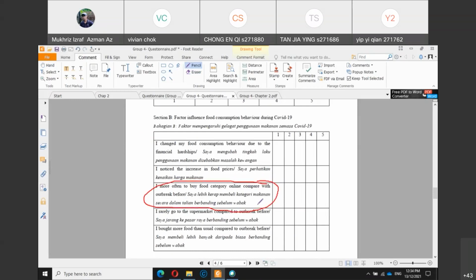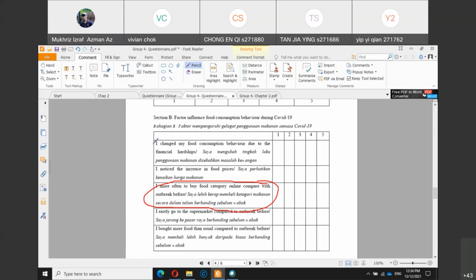Why suddenly you got online purchase questions here? They change their behavior to not going. Is this your own article? No, I take from the article.